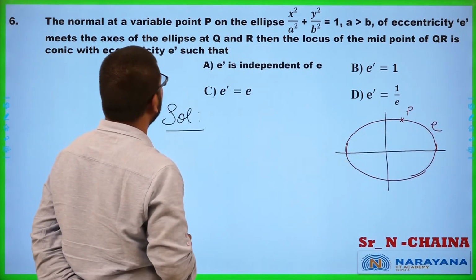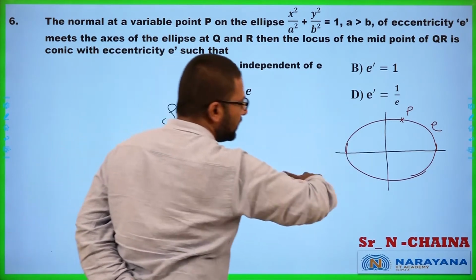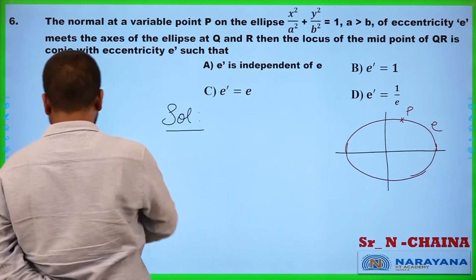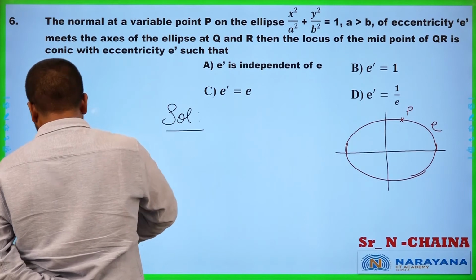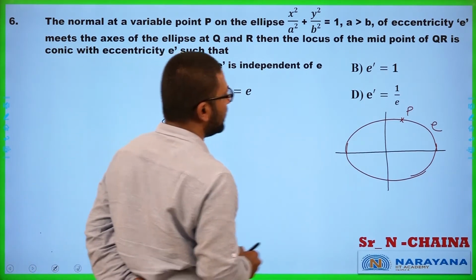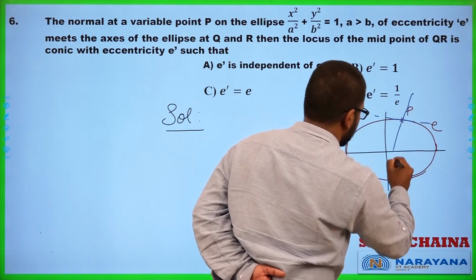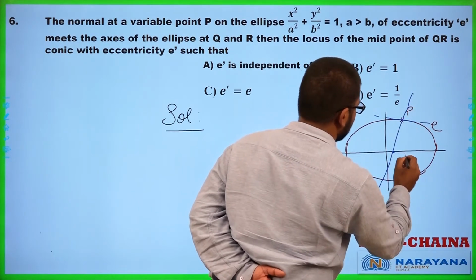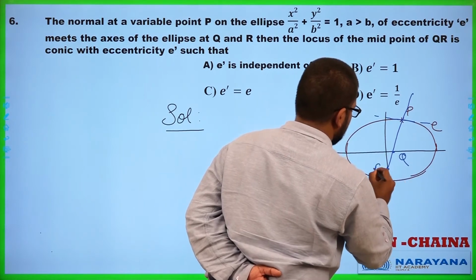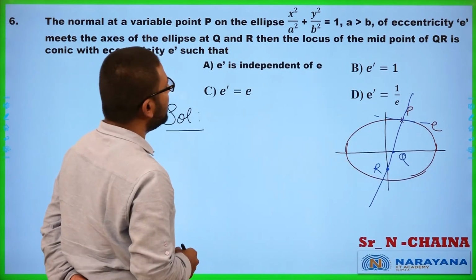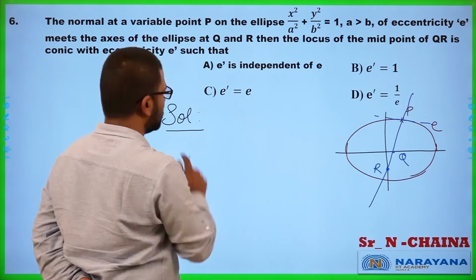Meets the axis of the ellipse. This is axis, which means both the major and minor axis. So the normal meets major and minor axis at Q and R. Let us draw the normal. So this is Q. This is R. And now locus of midpoint of QR.